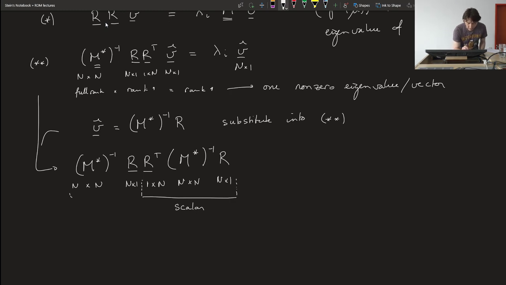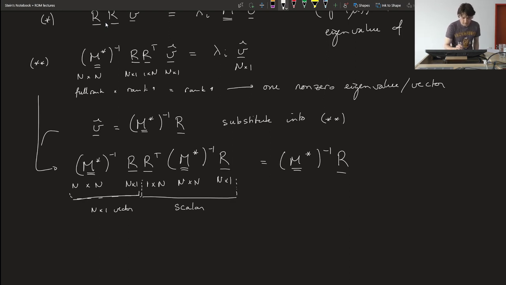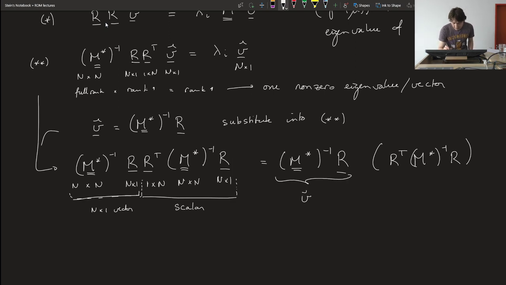And what we have on the left side then is n times n multiplied by n times 1, which gives an n times 1 vector. So what is this? This is going to give me M star minus 1 times r, right? That's the vector, multiplied by the scalar, which is the value R^T M star inverse r. Well, this vector was exactly v hat.